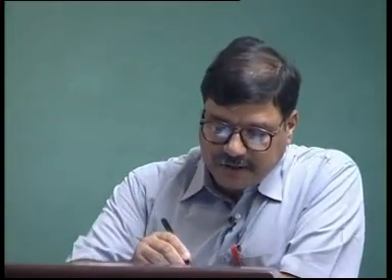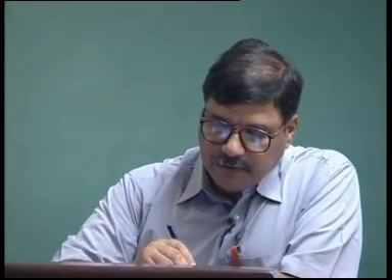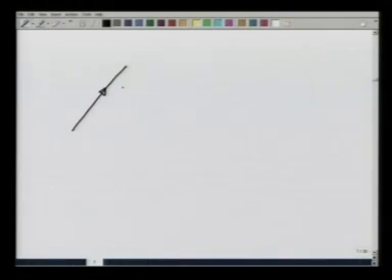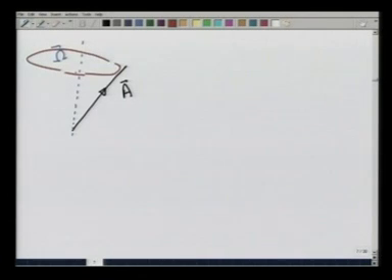In a 3-dimensional case, suppose there is a vector A and it rotates about an axis with omega. So, this will be called omega, when it rotates like this. After time t plus delta t, it goes over here. This was at t and this is at t plus delta t. So, this is the change.